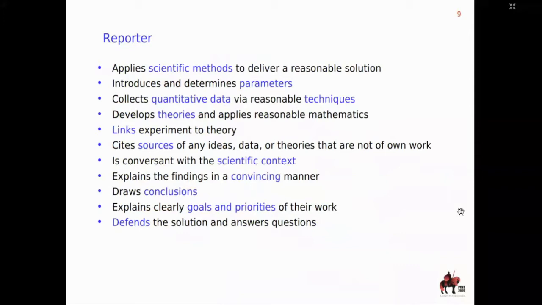They cite sources of any ideas, data, or theories that are not of own work. The reporter is conversant with the scientific context. The reporter explains all findings convincingly. They draw conclusions. They explain clearly what are goals and priorities of their work, and they can defend the solution and answer questions from other teams and from the jury. Basically, these are our expectations.